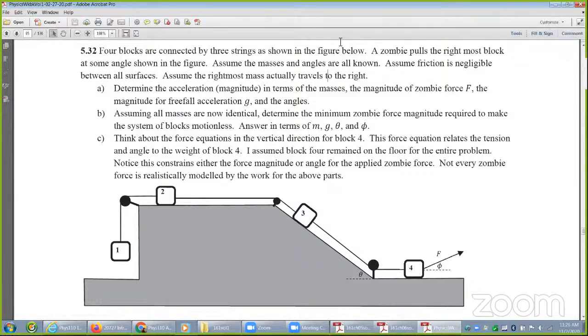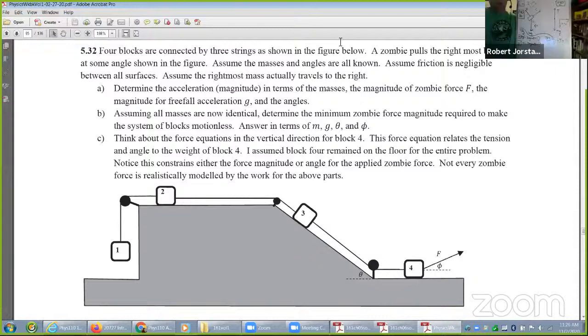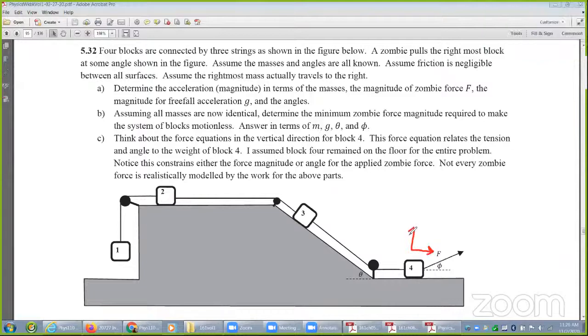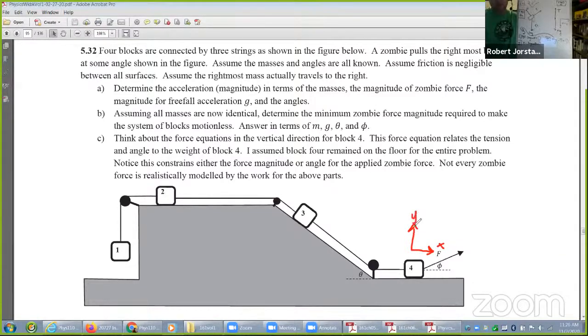Positive vertical y, or y going upwards, and then x to the right positive. For which block? For 2. Okay, that looks like a good one. I was actually thinking of block 4, but do you agree block 2 and 4 are basically the same? Yeah.